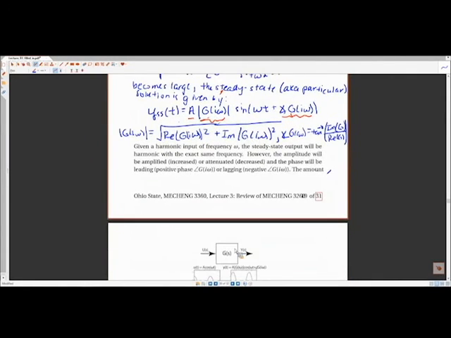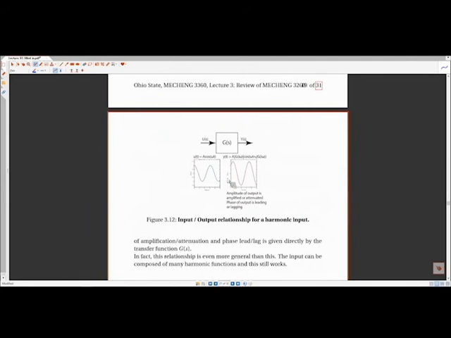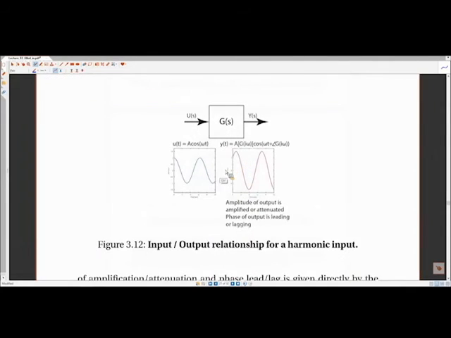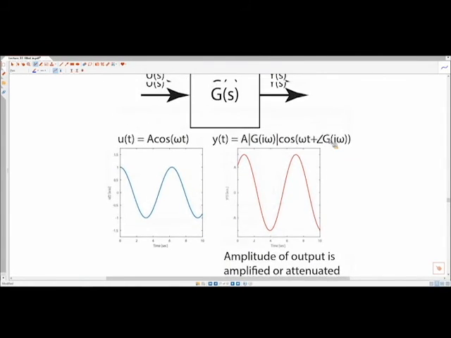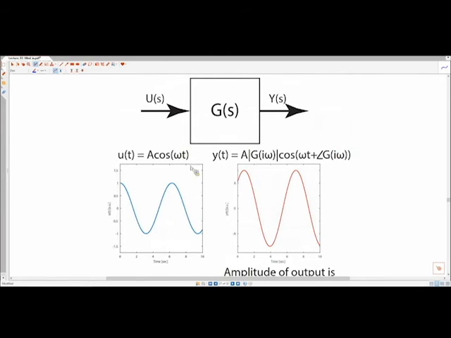is that given an input to your system that is harmonic, say U(t) is cosine of omega t, we can calculate the time domain form of the solution.